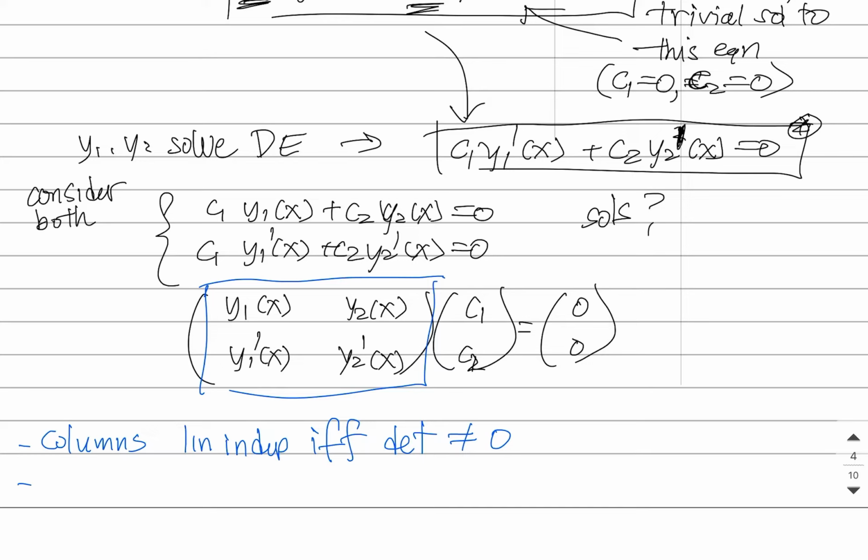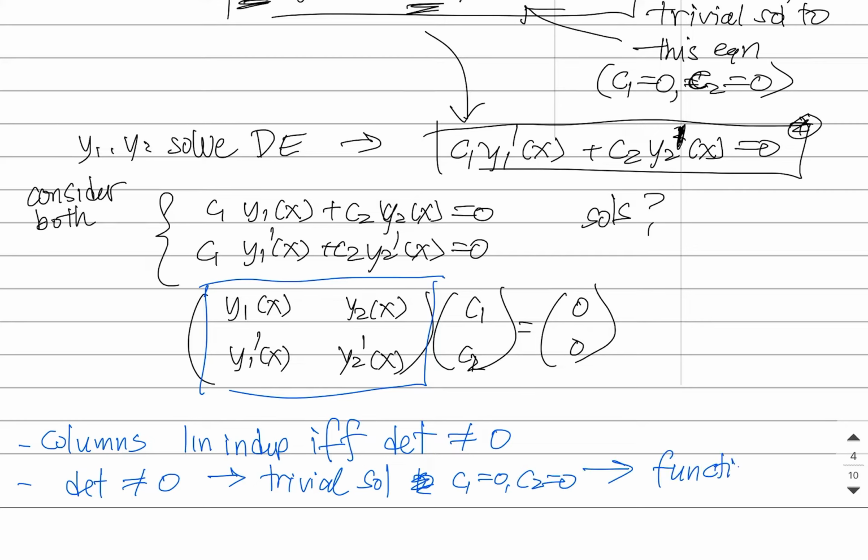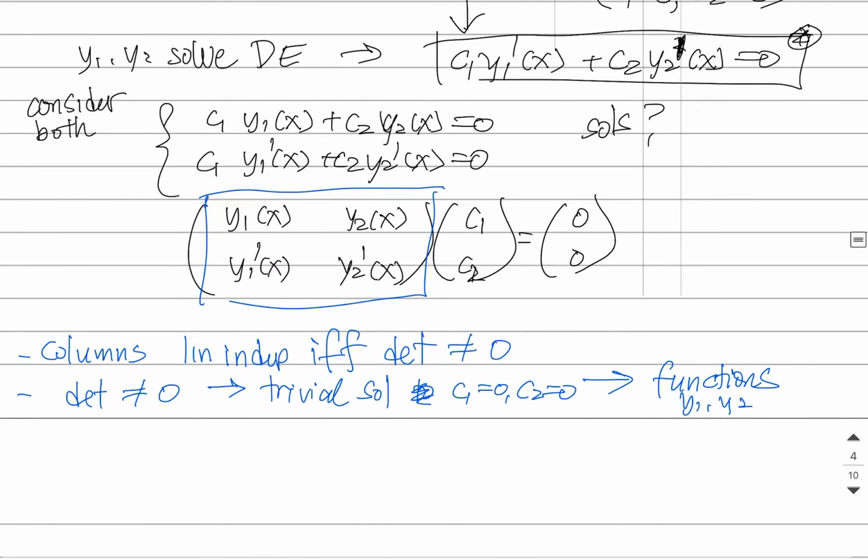Now, that also means if this determinant is non-zero, not only are the columns independent, it means you have the trivial solution to this problem: c1, c2 is 0, and that means that the functions y1 and y2 are independent.